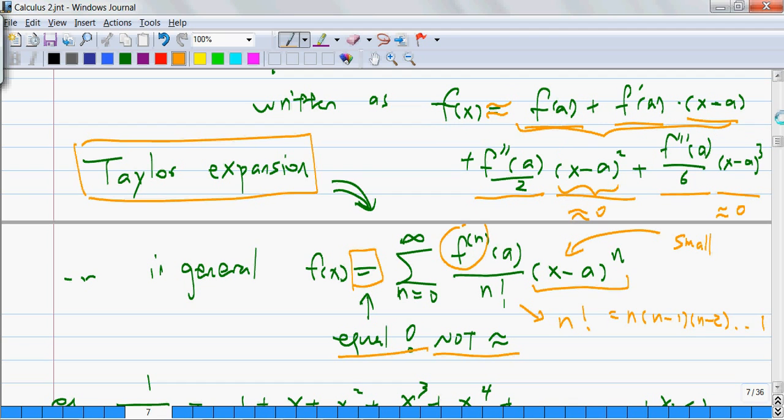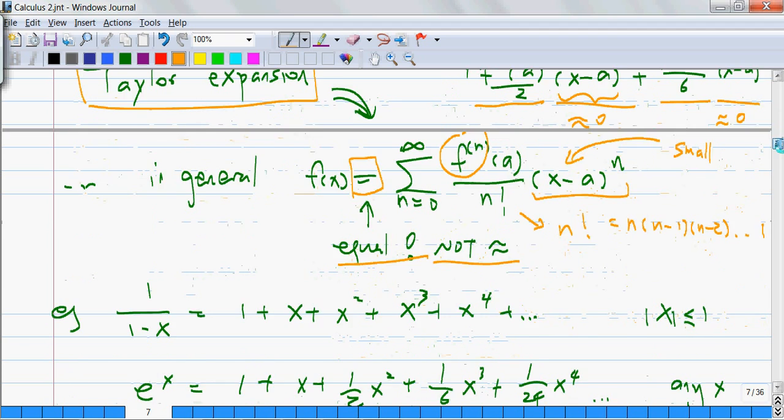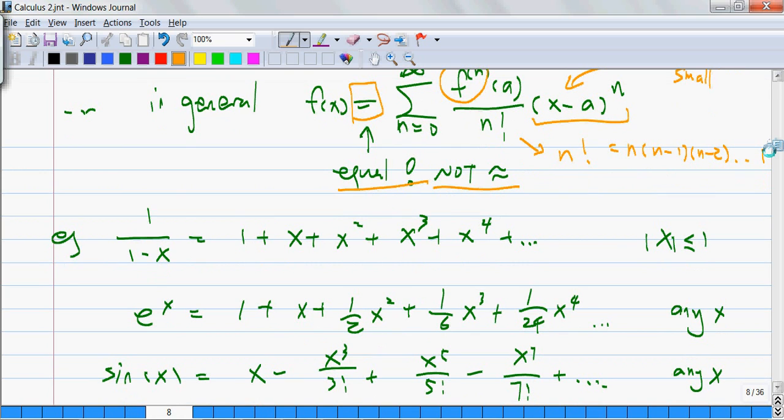So two examples would be, so suppose you have 1 over 1 minus x. If x is smaller than 1, then you have a Taylor expansion like this. So it's just x to the power n and sum it.